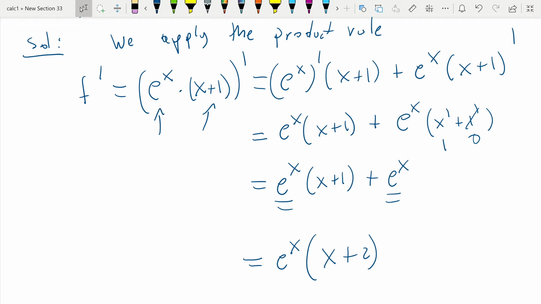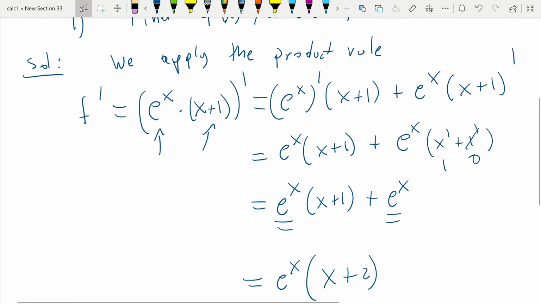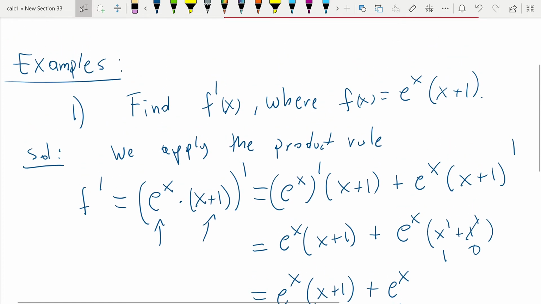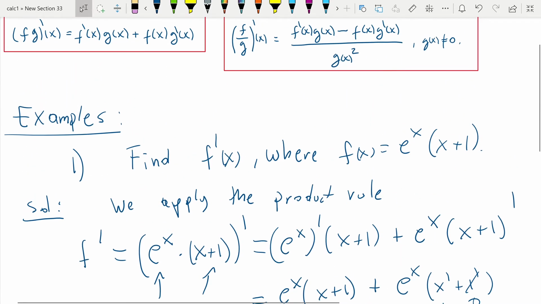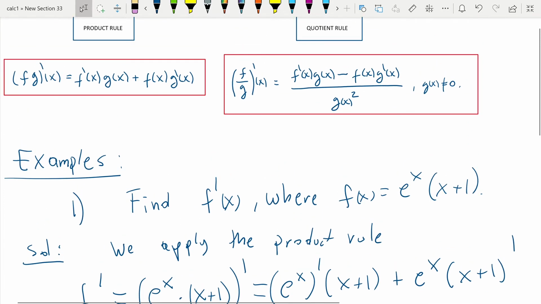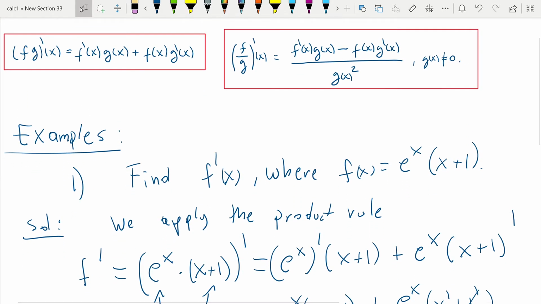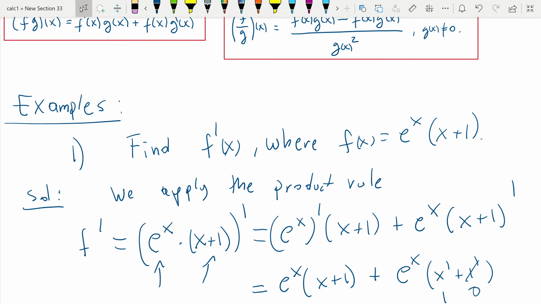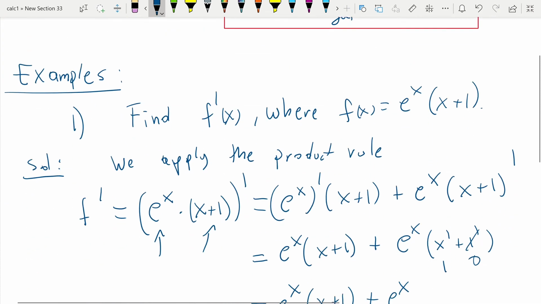So it's very important that you learn to recognize when you need to apply the product rule or the quotient rule. This is immediate here because I've written f of x as the product of two functions, so there's no way of getting confused. And it's probably going to be the same for any application of the quotient rule.